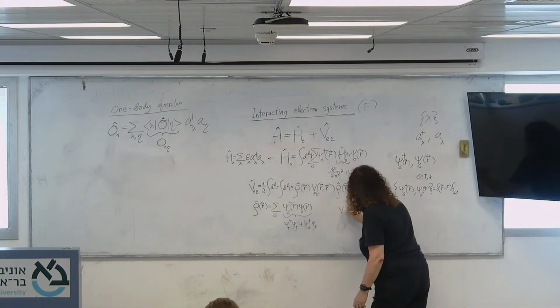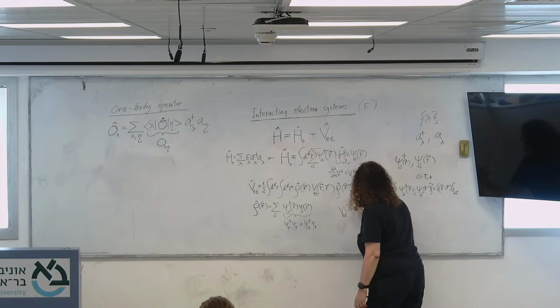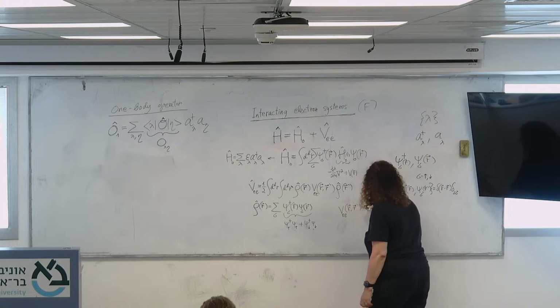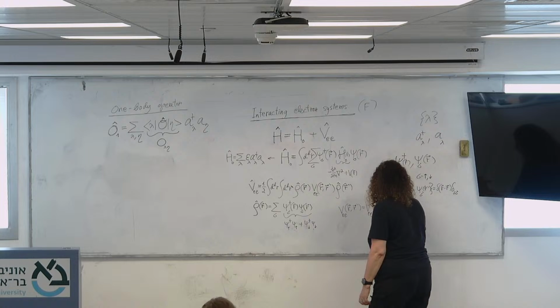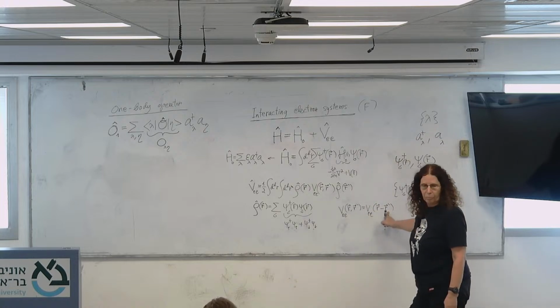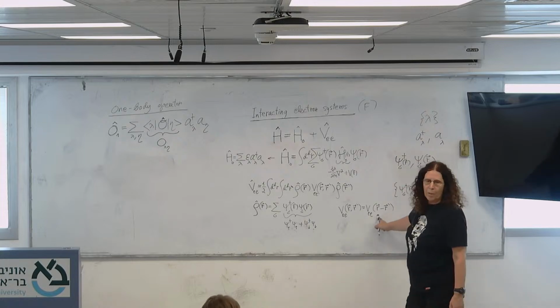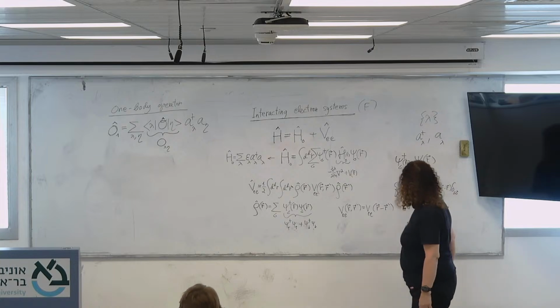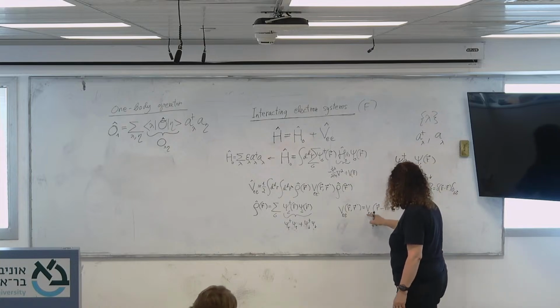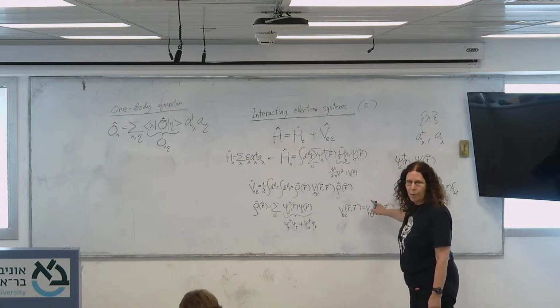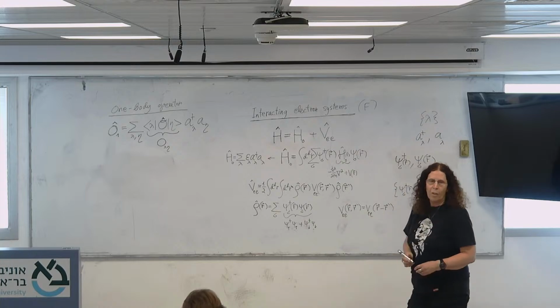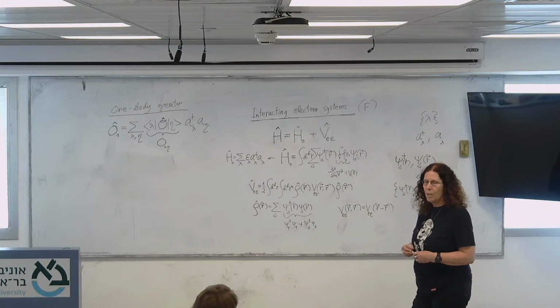And we usually assume it for simplicity, that the dependence on r and r prime is via the difference. So most basic interactions are like that. In that case, V_ee is a function of only one space variable, which is the vector distance between two particles.